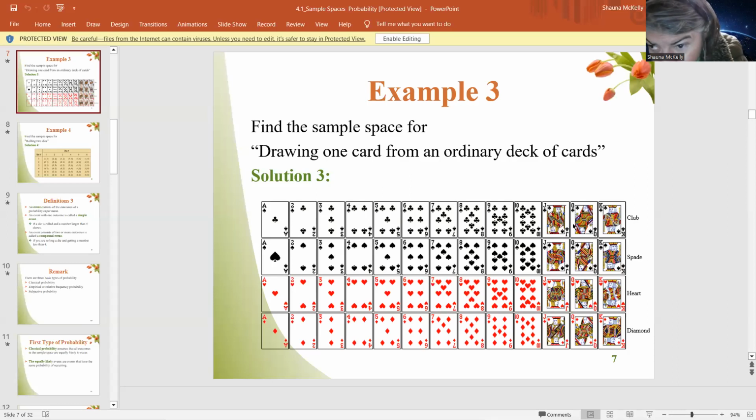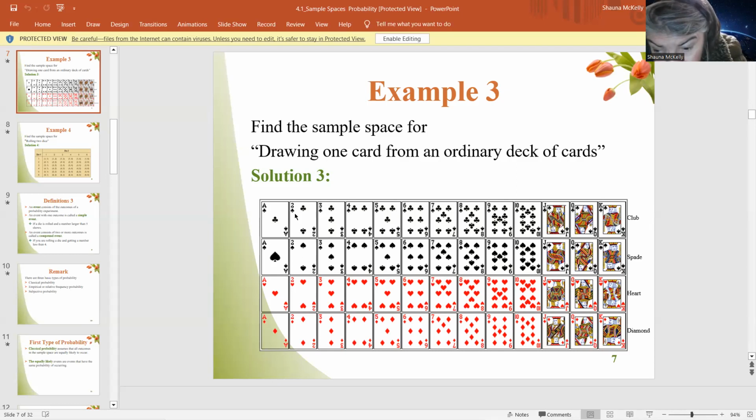Well, we have a queen of clubs, a queen of spades, a queen of hearts, and a queen of diamonds. There are 4 of those. So I have 4 queens and I have a total of 52 cards.